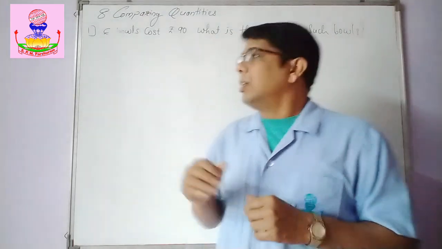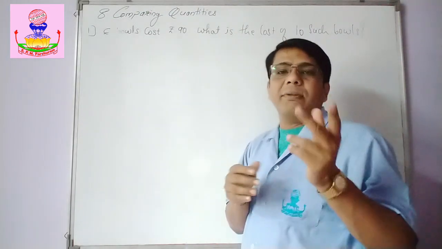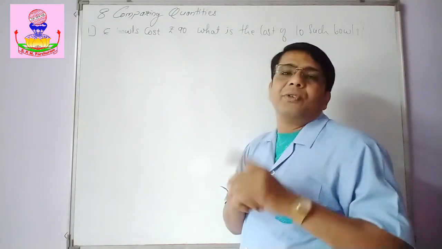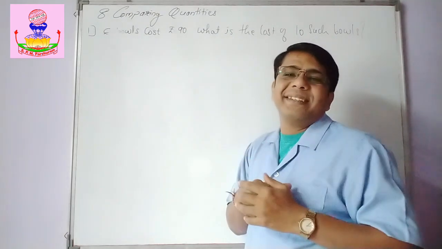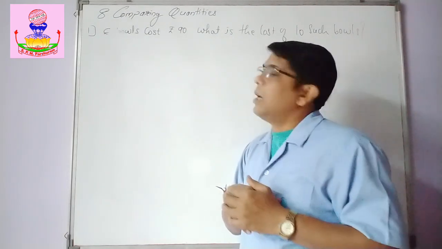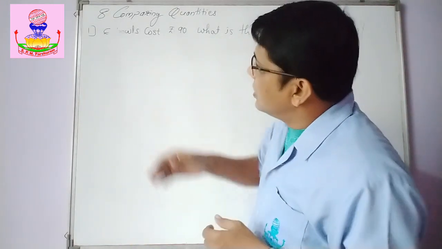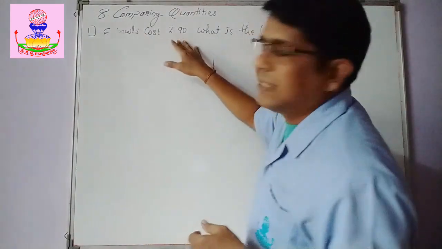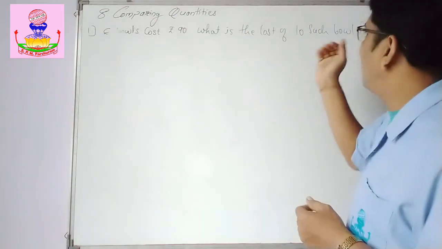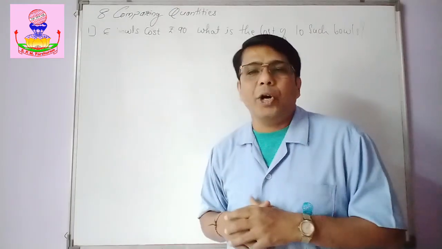So I have one example here. We will solve it by both methods, the unitary method as well as the proportion method. You can use any one method. So 6 bowls cost rupees 90. What is the cost of 10 such bowls?